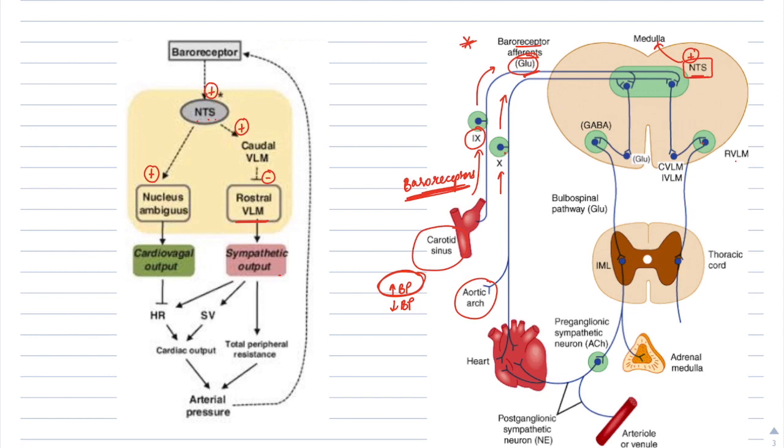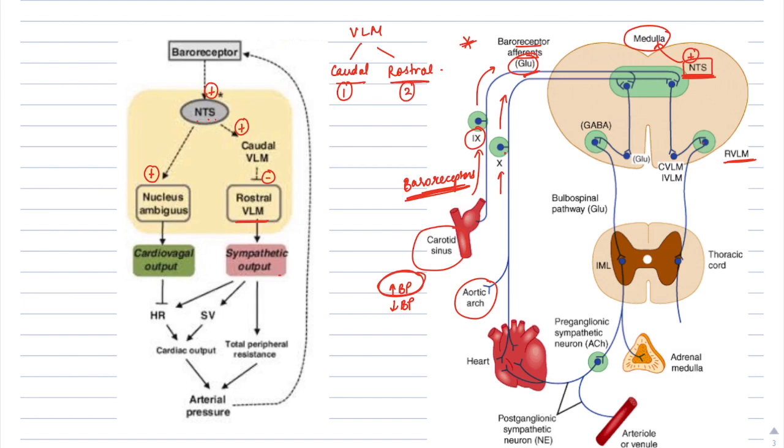So the baroreceptors take the signal to the medulla, to the nucleus tractus solitarius. Okay. So the nucleus tractus solitarius then affects the ventrolateral medulla. The ventrolateral medulla is divided into the caudal ventrolateral medulla and the rostral ventrolateral medulla. First affected is the caudal, second affected is the rostral ventrolateral medulla.